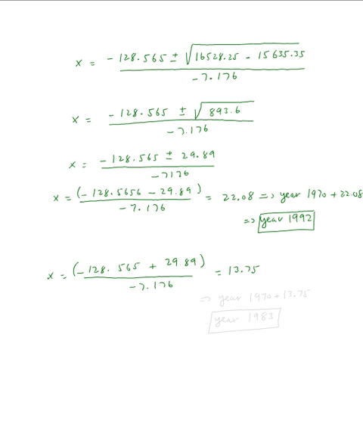And then here, this means that the year is 1970 plus 13.75, which is the year 1983. We ignore the 0.75, it only tells us what month in the year. And that's it for this problem.